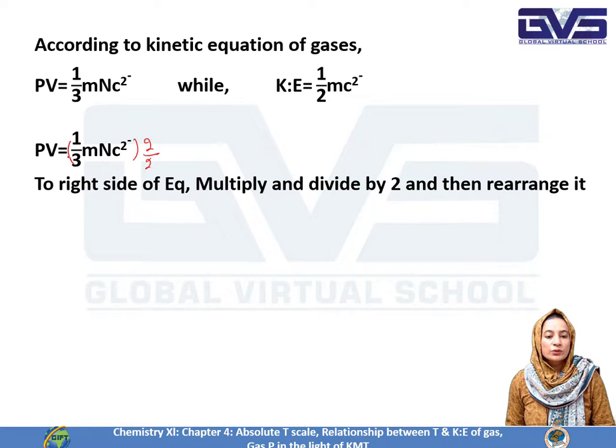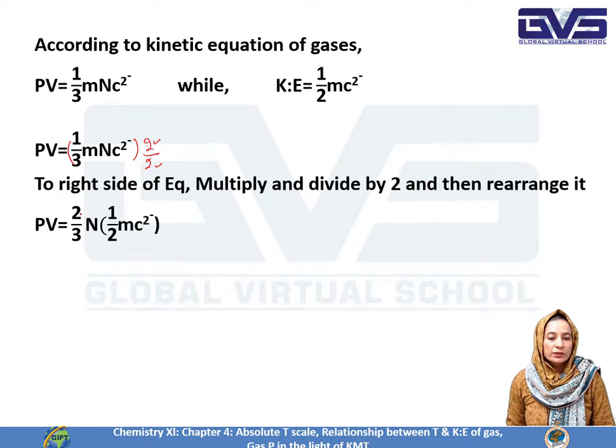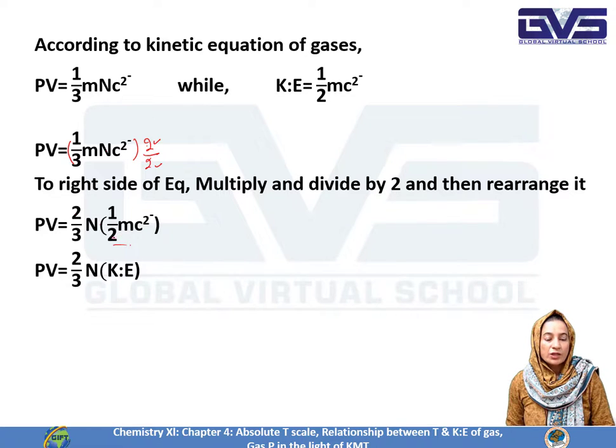So on the right side of the equation, multiply by 2 and divide by 2 and then rearrange. Here is 2, here 2, 3, and this one is n, and we put the m c square in a bracket, because half m c square bar is the kinetic energy.